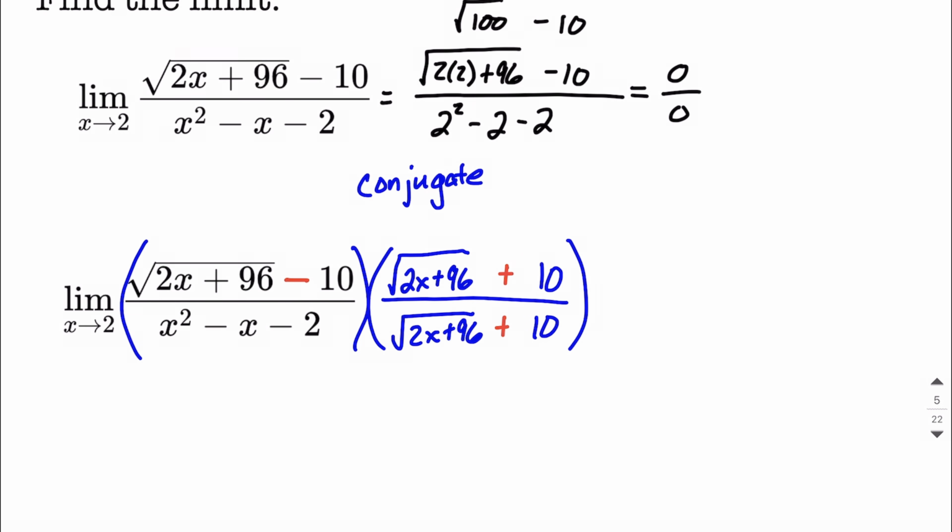All right, from here, what we want to do is take our time and multiply out the numerator, and we're also going to go ahead and do a little bit of factoring on our denominator. Now, because we got to 0 over 0 initially, what that's going to tell us is that we have a factor that's going to be important of x minus 2. It's always x minus whatever value made the function equal 0.